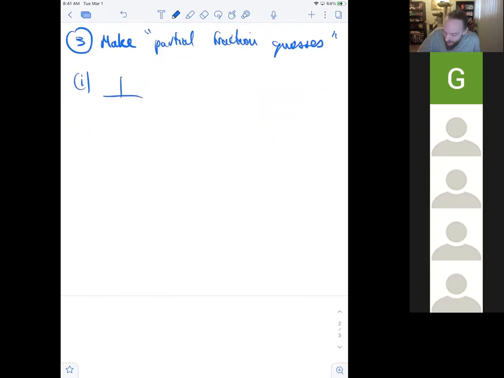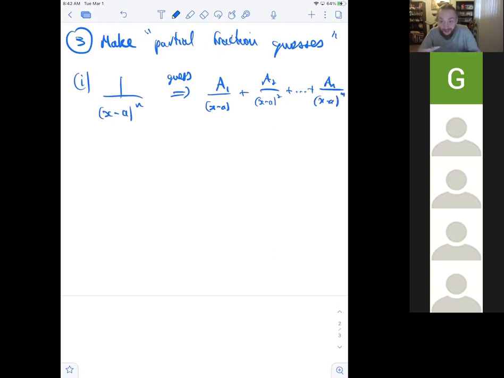If we have a 1 over x minus a to the n term, we guess that we're going to have a over x minus a plus b over x minus a squared up to, I should put indexing, a1, a2, up to an over x minus a to the n. That's our partial fraction guess for linear terms.